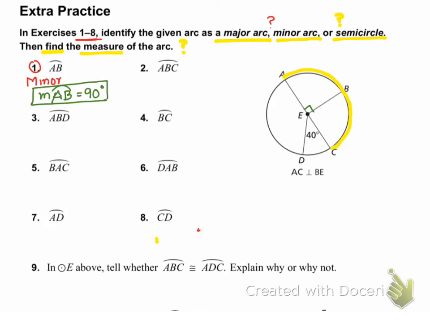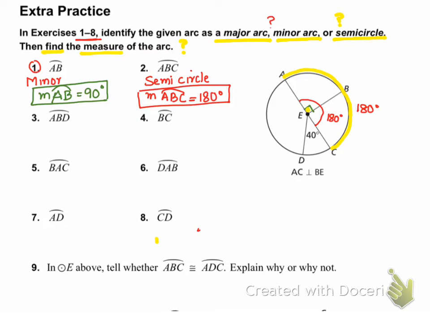We know AC is a diameter, so it's going to be a semicircle. If it is a semicircle, this is 180, half of the circle. So the measure of arc ABC is 180 degrees.